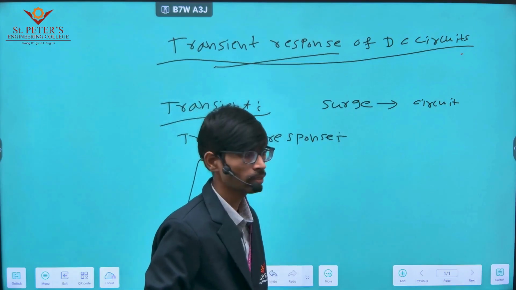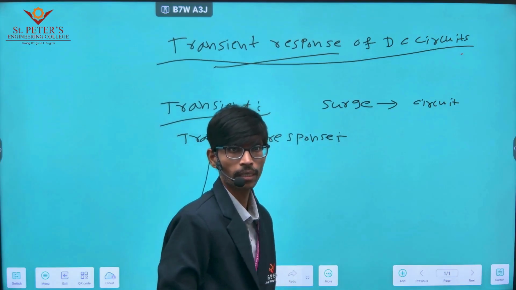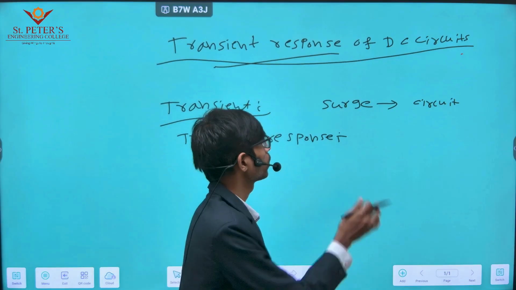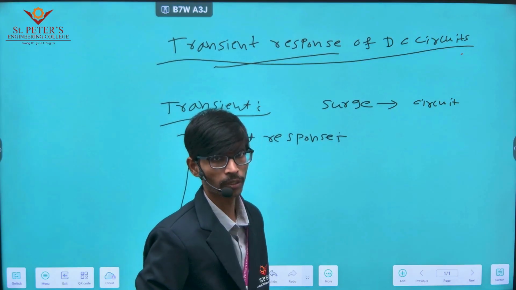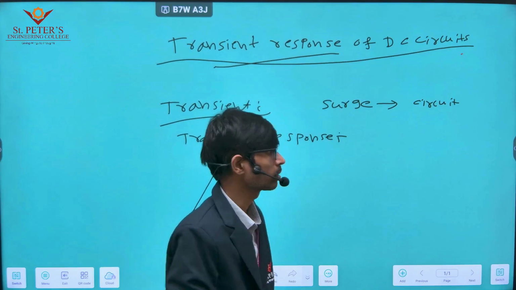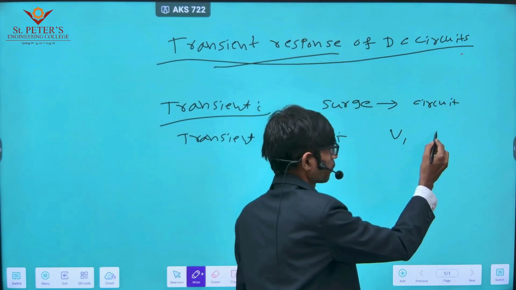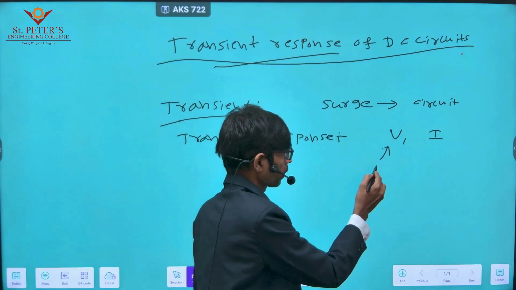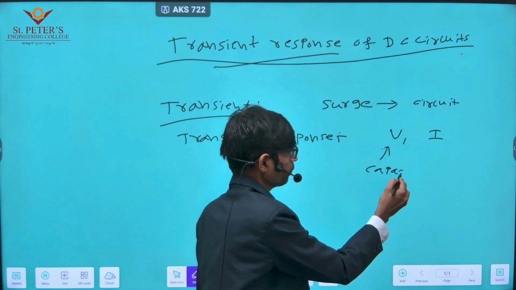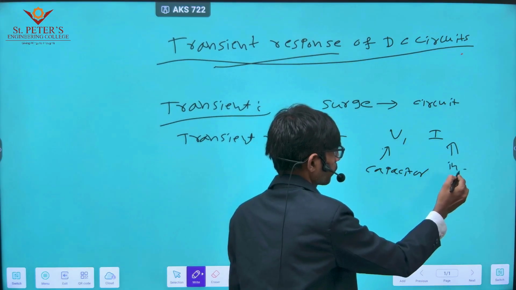Transient response means the components in the electrical circuit respond to that transient. That may cause a change in voltage and also a change in current. The change in voltage may occur in the capacitor, and the change in current will be in the inductor.